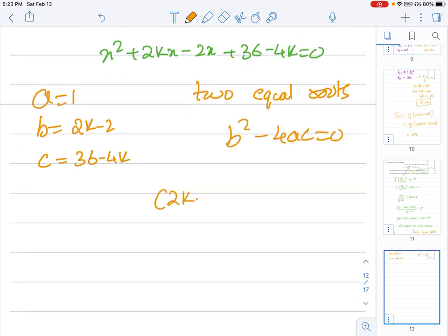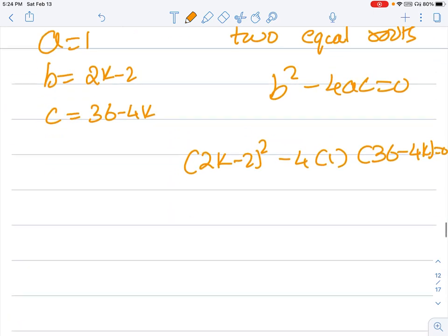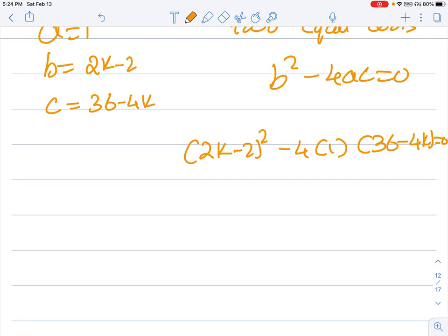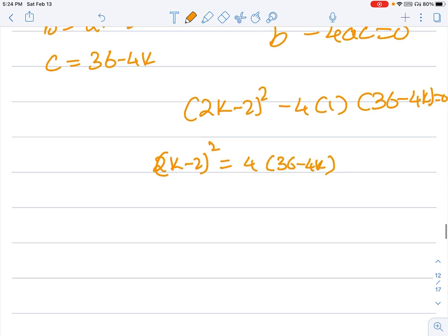So 2k minus 2 whole squared minus 4 times 1 times 36 minus 4k is equal to 0. So 2k minus 2 whole squared is equal to 4 times 36 minus 4k. Expand it out: 4k squared minus 8k plus 4 is equal to 144 minus 16k.